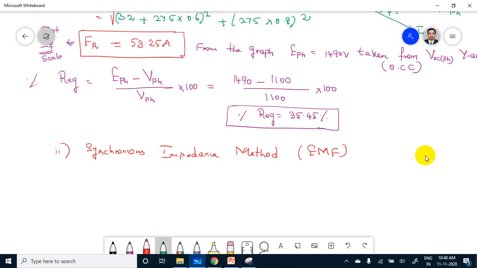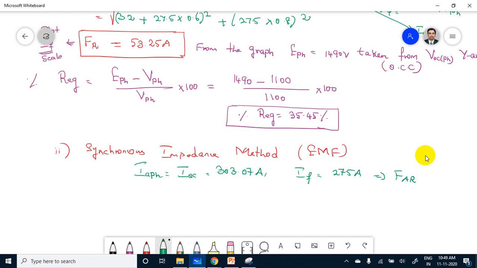So in this method, IA phase equal to ISC. ISC is how much? At the starting stage we did it: 303.07 ampere. The field current IF will be 27.5 ampere. This 27.5 we take from the FAR.